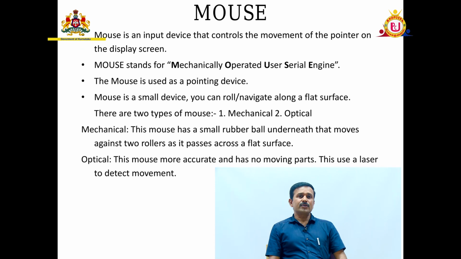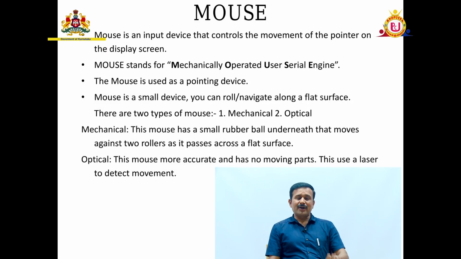In the other type of mouse, that is the optical mouse, laser beams are used. Laser lights are used. With the help of that laser light, we can select the contents. We can move the pointer on the screen wherever we want. These are the two types of mouse we use.